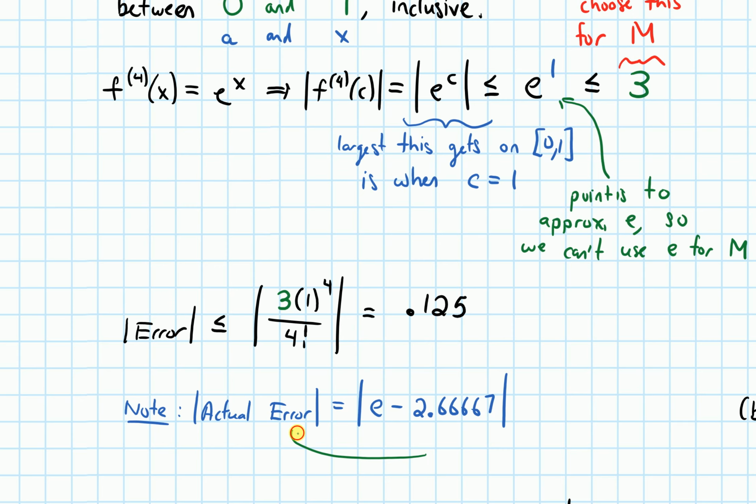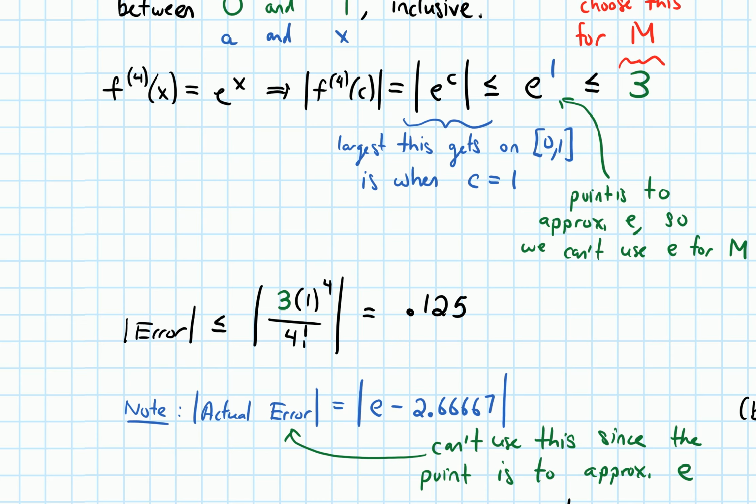So we can't use this, since the point of the problem is to approximate E. I can't just use E minus 2.66667, because the point of the problem was to figure out what E is, or approximate it. That's why I have to use the Taylor remainder formula here to get this estimate on the error.